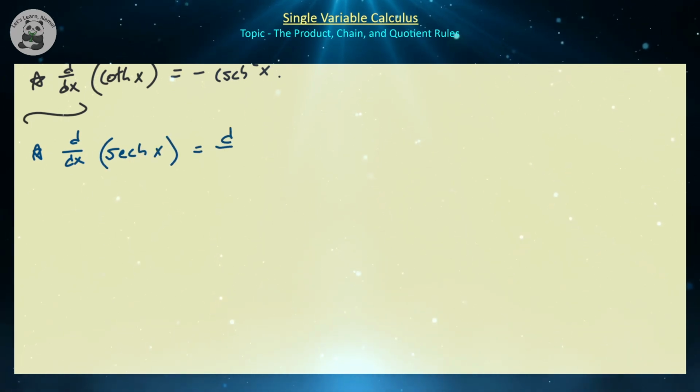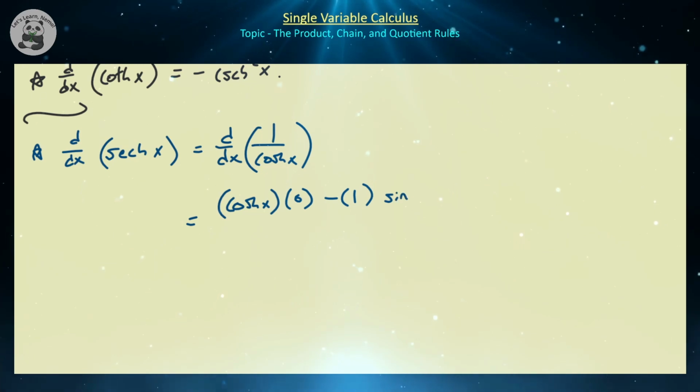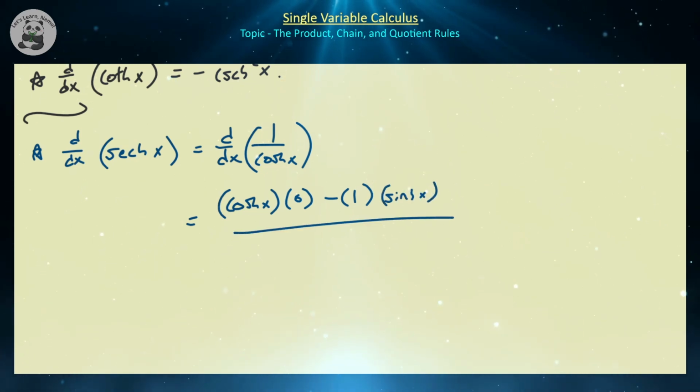So, by definition, that's going to be the derivative of 1 divided by hyperbolic cosine, and that's going to be equal to what? So it's going to be equal to the bottom times the derivative of the top minus the top times the derivative of the bottom, all divided by the bottom squared, which I'm just going to write as cosh x times cosh x.